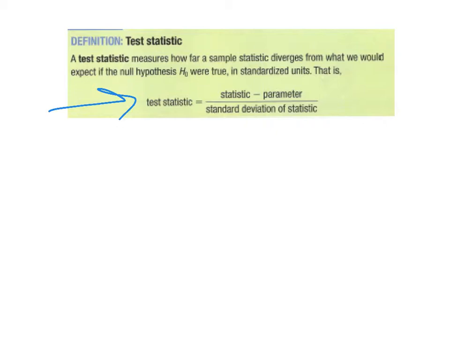Let's look at this in our free throw example. Let me put that problem up for you. When we are calculating the test statistic for this one, it's going to be our 0.64, that's our sample, minus 0.8, which is our parameter, divided by the standard deviation of the statistic.